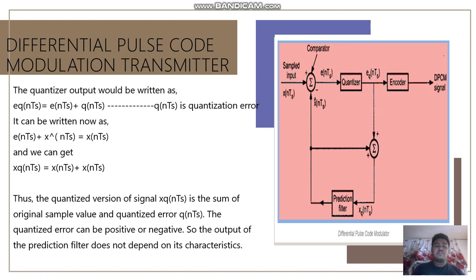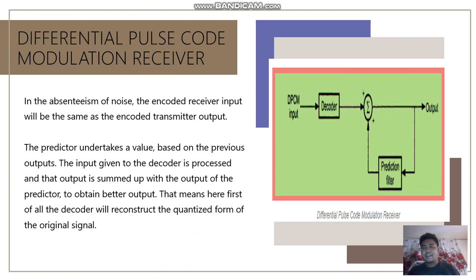Thus, the quantized version of the signal xq(nTs) is the sum of the original sample value and the quantization error q(nTs). The quantization error can be positive or negative. The output of the prediction filter does not depend on the characteristics.